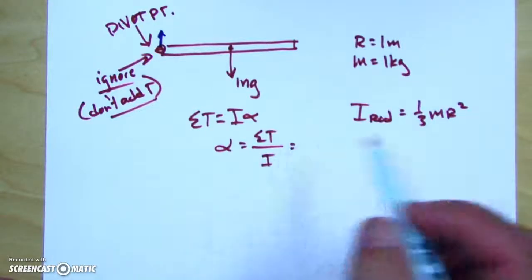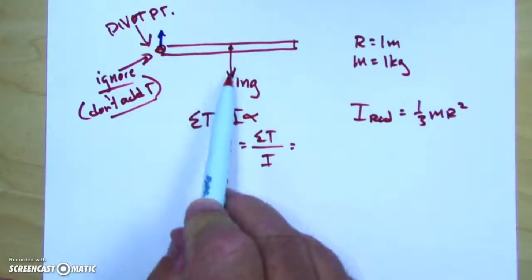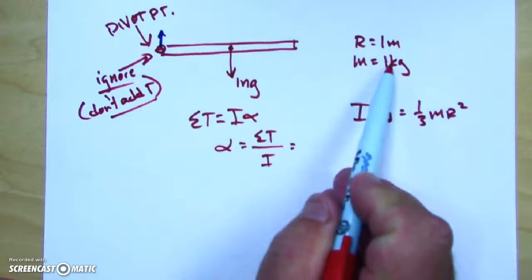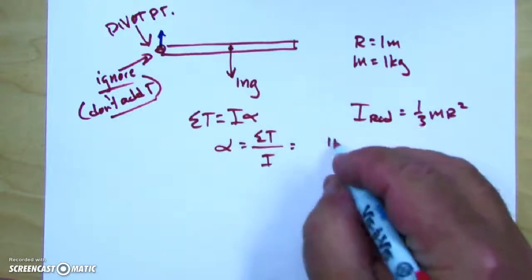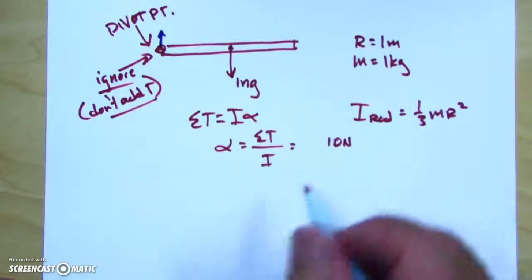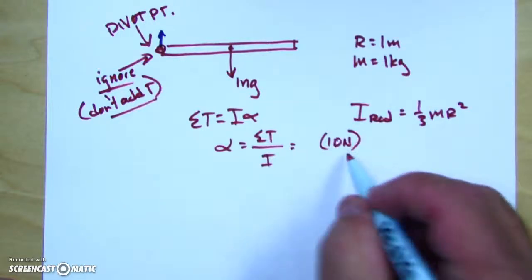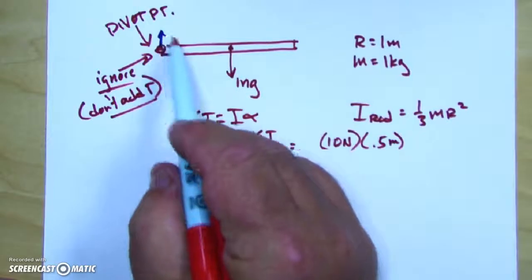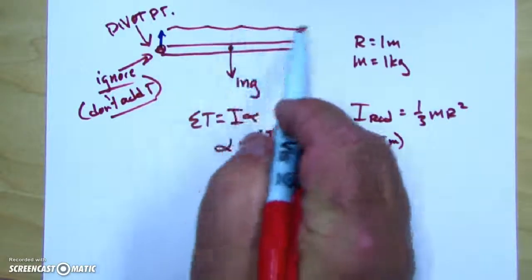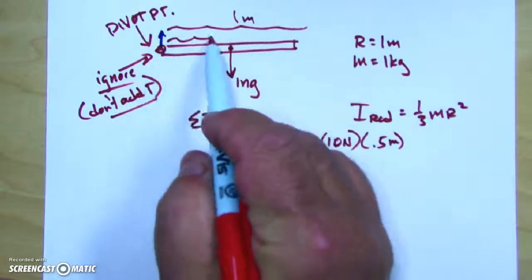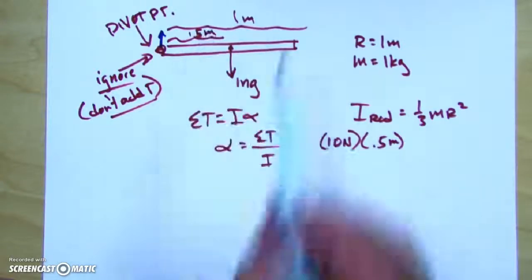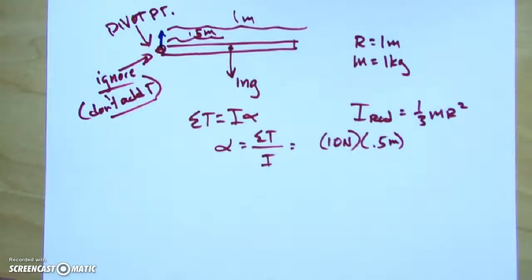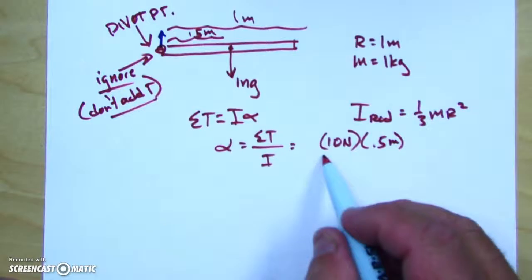Well, the sum of the torques is going to be m times g. Well, m is 1, so this is 10 newtons, 9.8 if you want, times the distance of 0.5 meters. Because remember, if this entire length is 1 meter, this is going to be 0.5 meters. So therefore, it's the distance away from the pivot point. That's the torque.